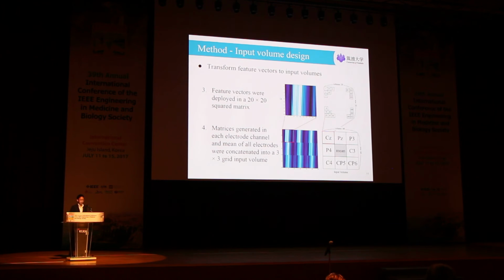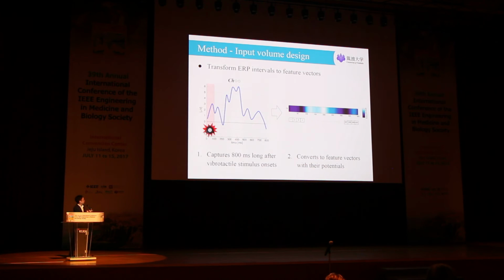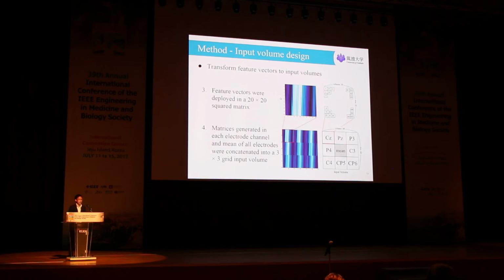Then we transform those one-dimensional feature vectors to two-dimensional input volumes. Since the length of the feature vector was 400, we could create 20 by 20 square matrices by putting the elements from the left upper side to the right bottom side.